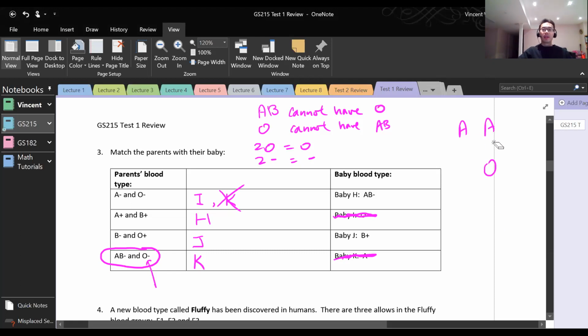Just because they're positive does not mean they are homozygous positive. Someone can be positive/negative and still be positive. So if both parents are heterozygous positive, then if you do the Punnett square, you can see there's a 25% chance that the baby could be negative.